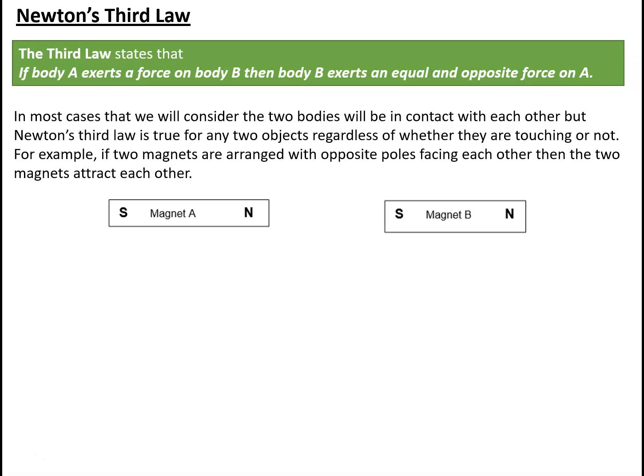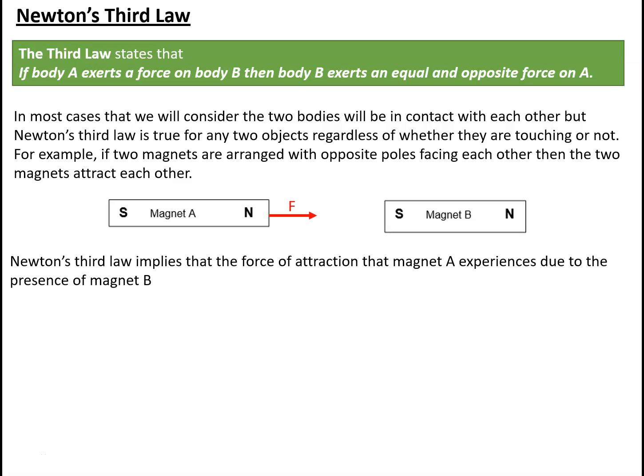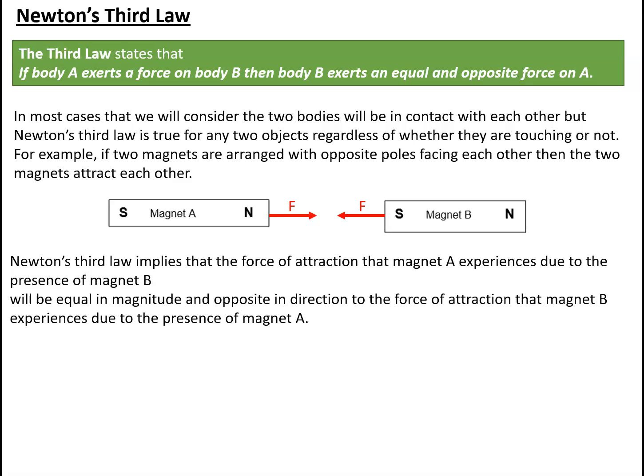Then the two magnets are going to attract each other. Newton's third law implies that the force of attraction that magnet A experiences due to the presence of magnet B will be equal but opposite to the direction of the force of attraction that magnet B experiences due to the presence of magnet A.